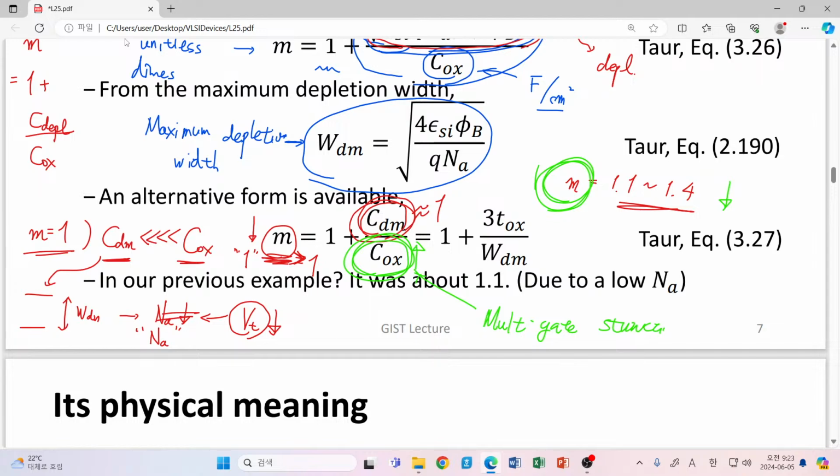When you have a look at the previous papers of about 20 years ago, then you can easily see that even the manufactured devices show the subthreshold slope close to 80 millivolt per decade or even higher value. Okay. Also I wanted to recommend you to think about your own device.